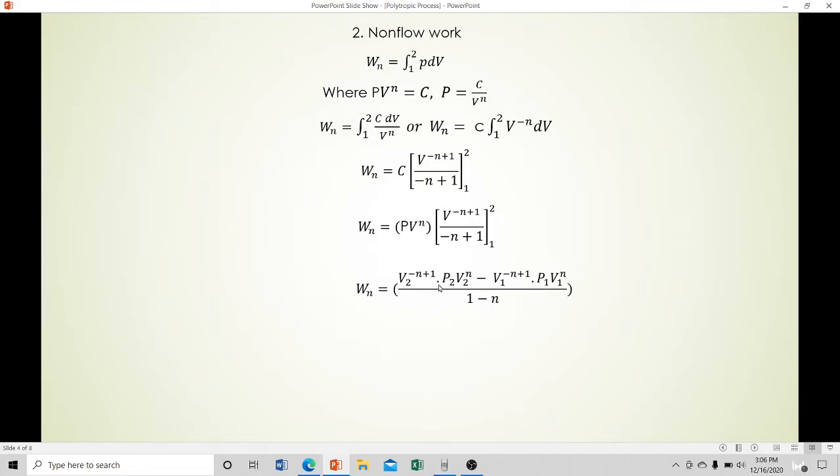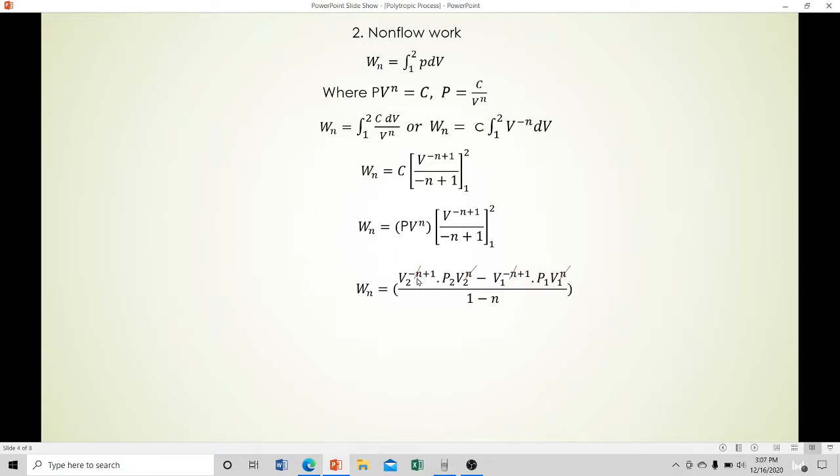So if we multiply this V2 to this V2 raised to n, we can cancel this, or raised to negative n plus n. Also this equation, so we have negative n plus n.